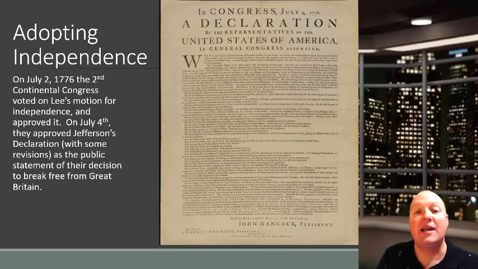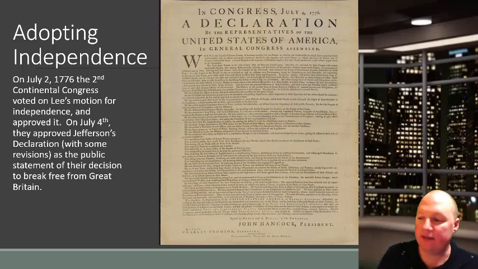So on July 2nd, 1776, after they've got the document pretty much proofread and edited, it comes back to the Committee of the Whole, meaning everybody in the Second Continental Congress gets back together and they read over the document and they take a vote. And the vote goes 12-0. One state, New York, decides not to vote.